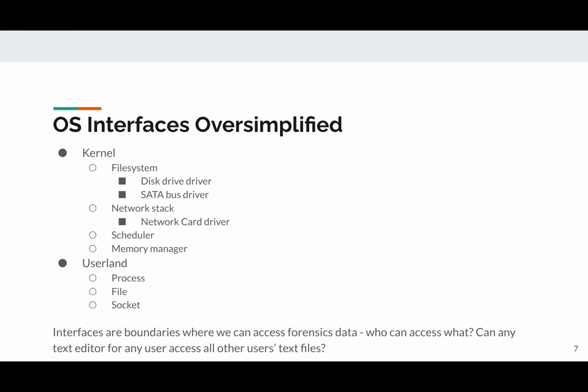Therefore, it might have a network card driver and a whole set of network protocols that it uses to talk with the rest of the network, like the TCP protocol or the IP protocol or UDP or many other protocols.